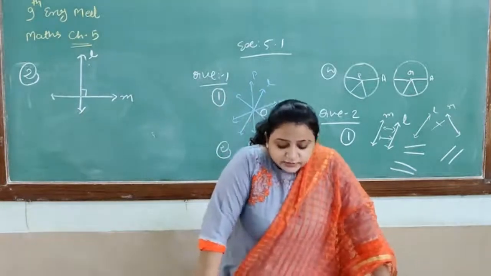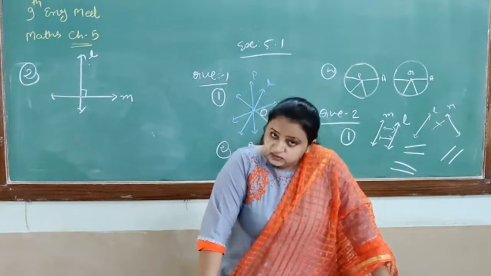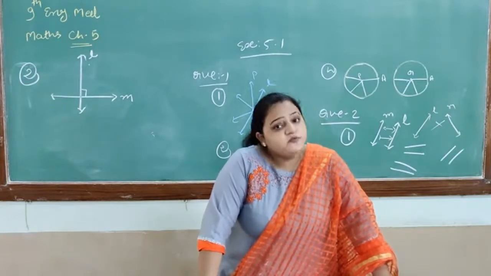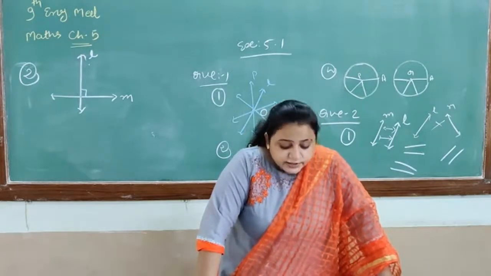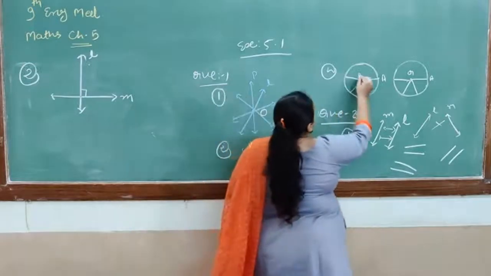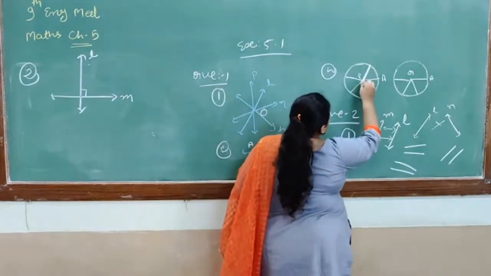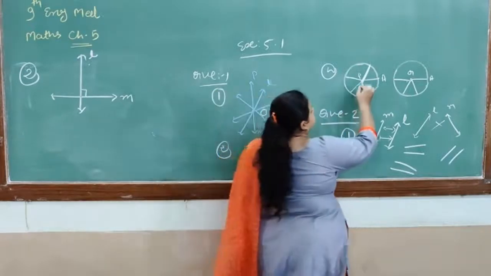Then line segment. A terminated line which is not infinite is known as a line segment. Radius of a circle. This is known as the radius. How will we write the definition?